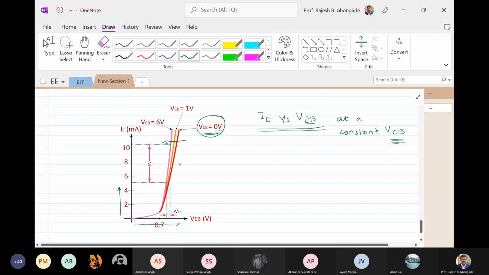वापिस मैं क्या करूंगा, VCB का वैल्यू करूंगा 1 वोल्ट और I will repeat the procedure, so I will get another curve, ये orange curve। Again what I will do, I will change the value of VCB to 6 volts and I will again repeat the procedure to get this pink curve over here। समझ में आया? yes sir। अभी यहाँ पे एक इम्पोर्टेंट बात देख लो, ये ऑब्जर्वेशंस है। So what we will observe, we will write down the observations one by one and then see.